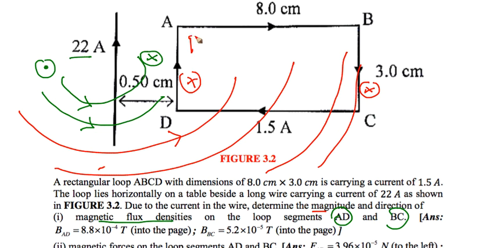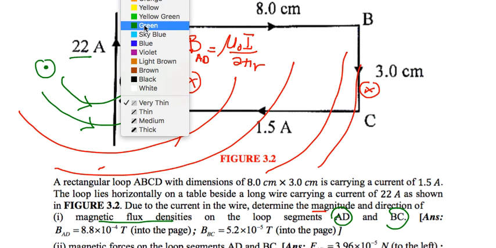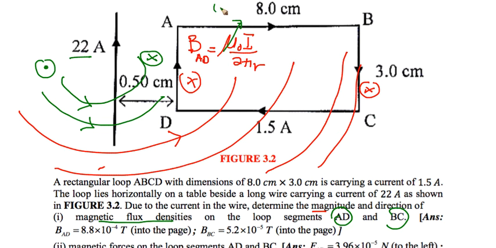Number one: what is the magnitude of B at AD? As you know, the magnetic field B at AD can be found with the equation B = mu naught I divided by 2 pi r. Mu naught is a constant, 4 pi times 10 to the minus 7.